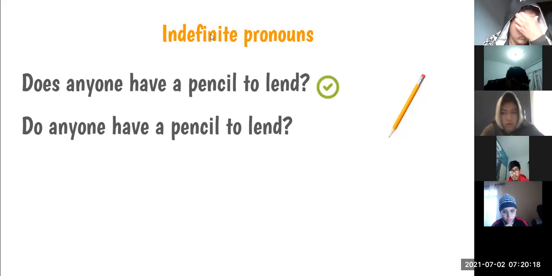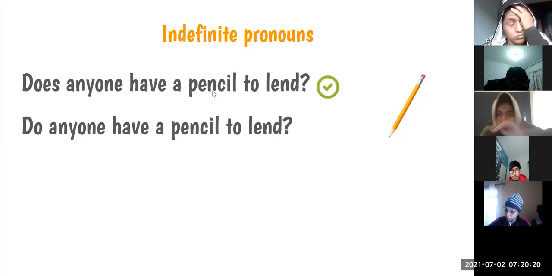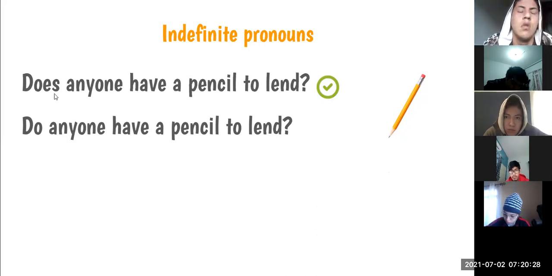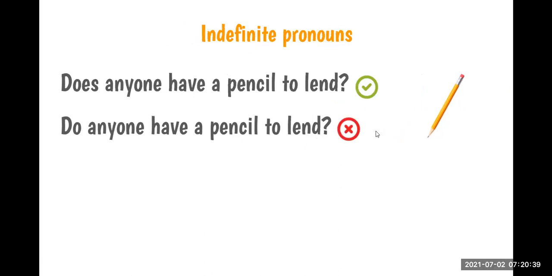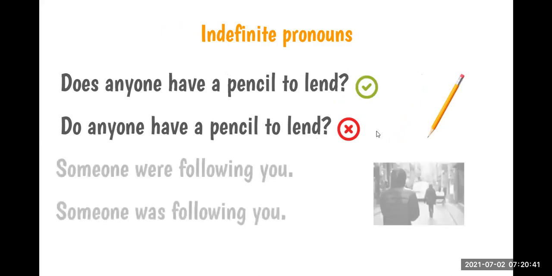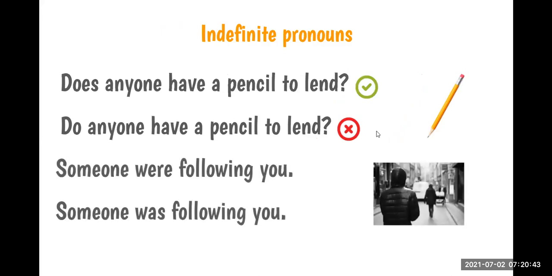Okay. When we have indefinite pronouns, like for example anyone, we use the verb in the singular form, like for the third person singular. So the auxiliary verbs too are for the third person singular. Okay, so this is the correct and the second one is incorrect, right? What about number two? Someone were following you. Someone was following you. Which is the correct?